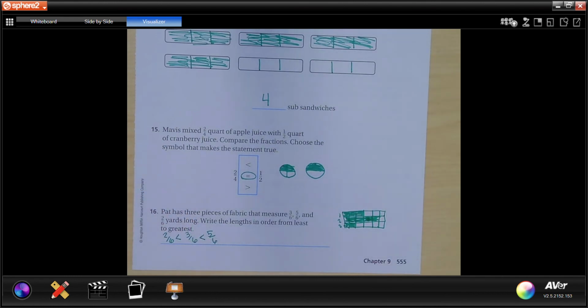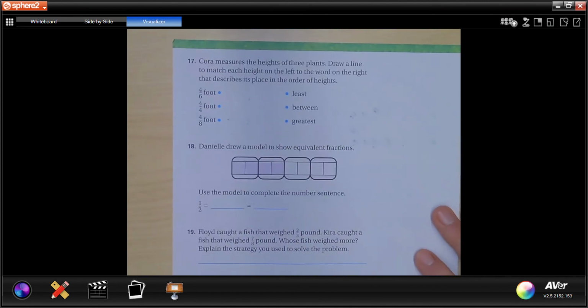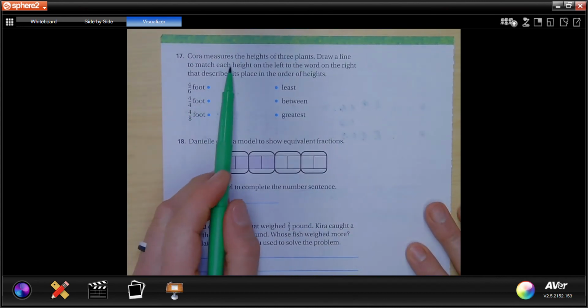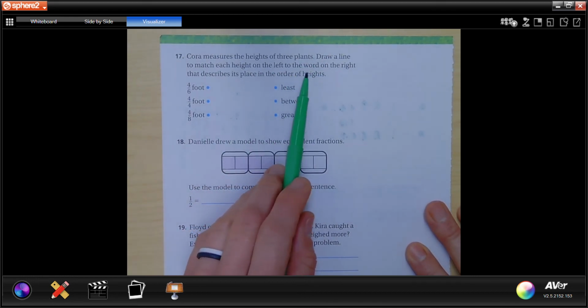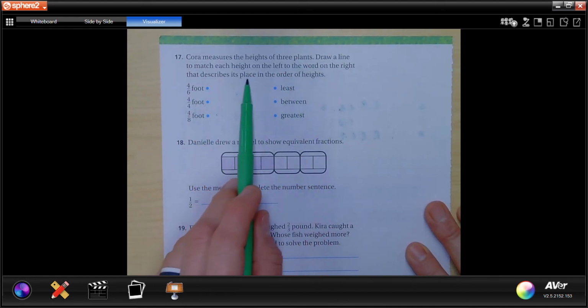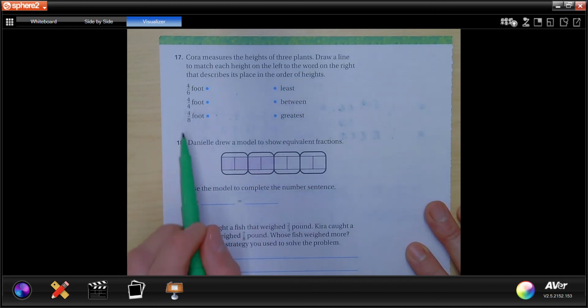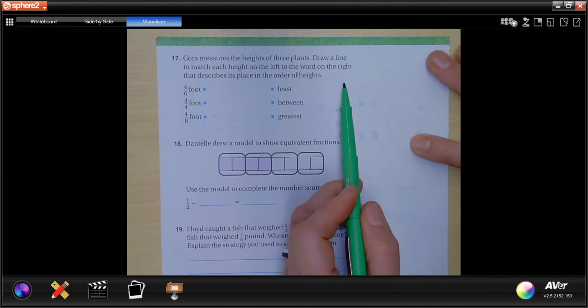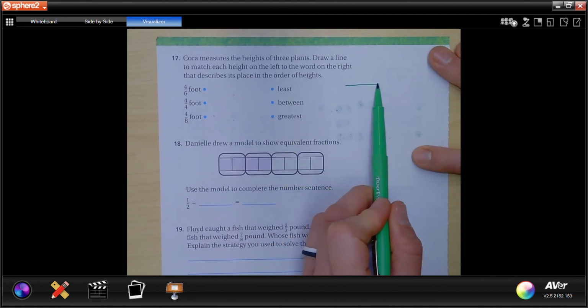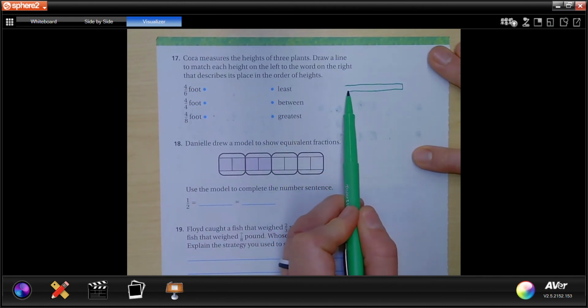Okay. And then moving on to page 556. Cora measures the heights of 3 plants. Draw a line to match each height on the left to the word on the right that describes its place in the order of heights. Okay, well, if we have, they're all going to be equal.